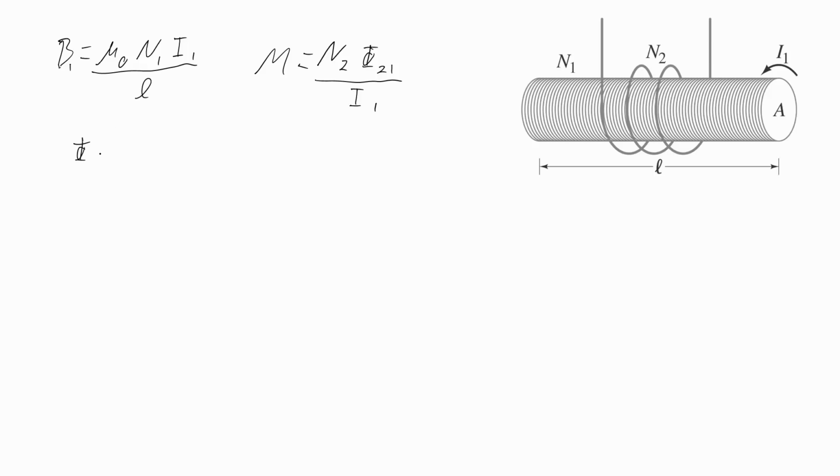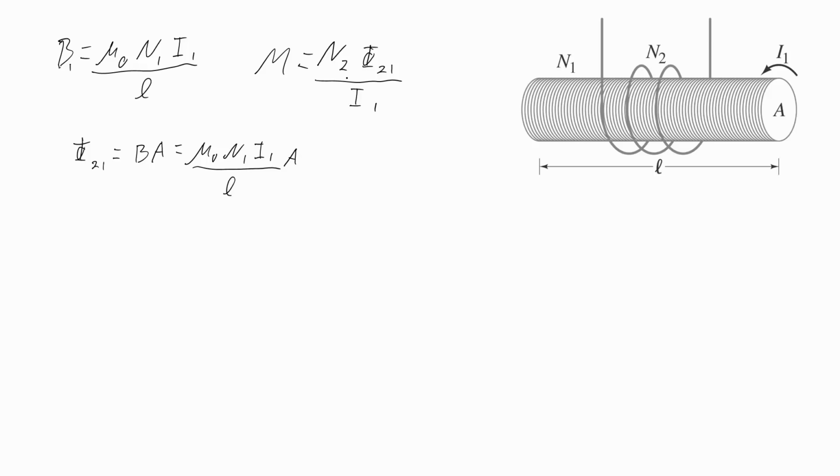The flux can also be found by doing B times A. In this case it would be the integral of B dot dA, but that's just going to give us BA because the magnetic field and the A are parallel to each other. And so if we substitute this in for B, we're going to get mu naught N1 I1 over L times A, so we just throw an A on there.